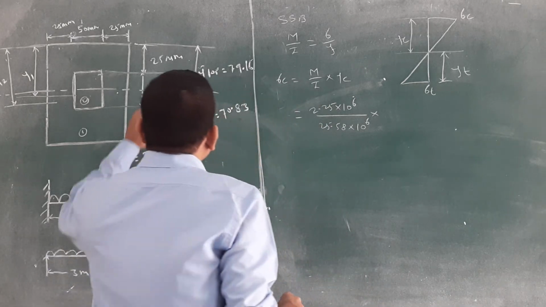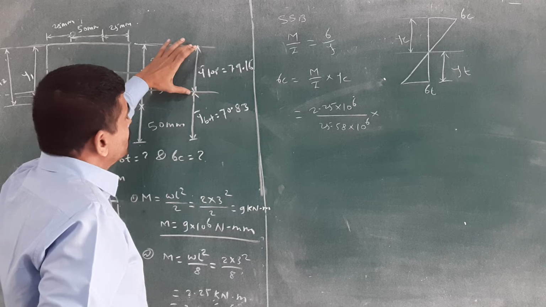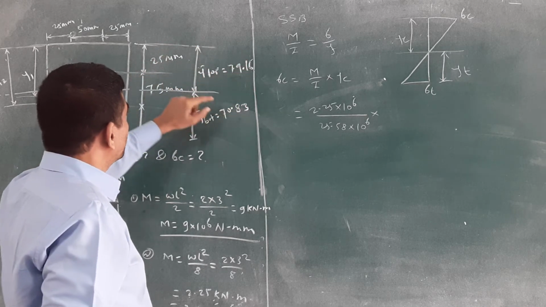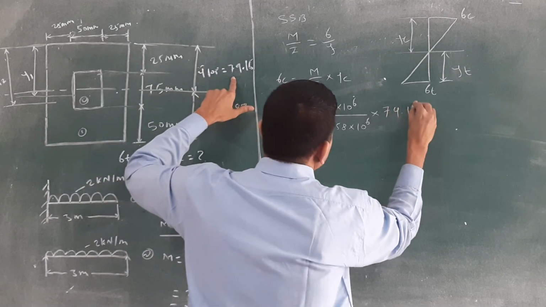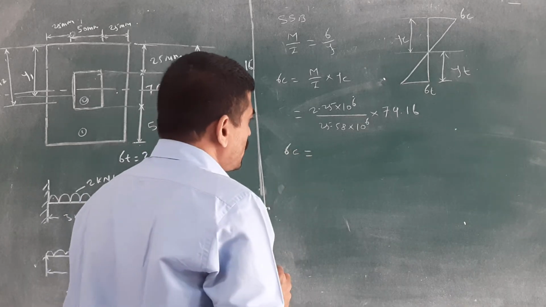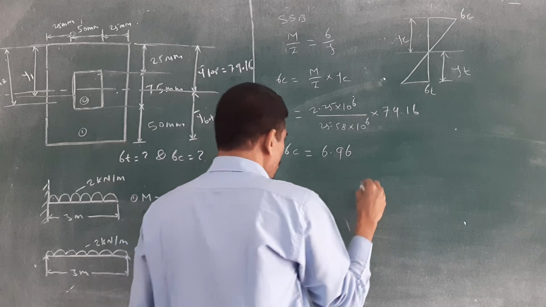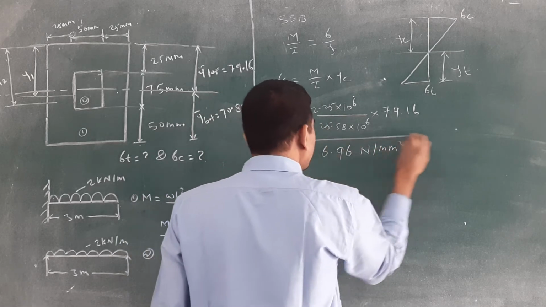Check that. Where is the yc in that figure? Here is yc. Compression will get above the neutral axis for the simply supported beam. That's why 79.16. Then you will get the sigma c value. If you have calculated, then you will get 6.96 Newton per mm square.